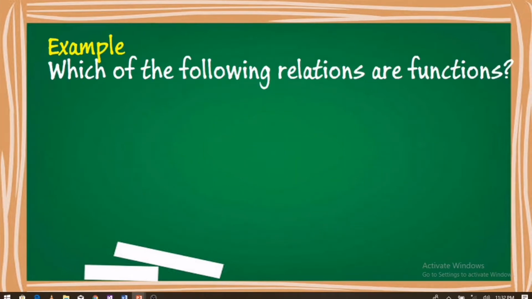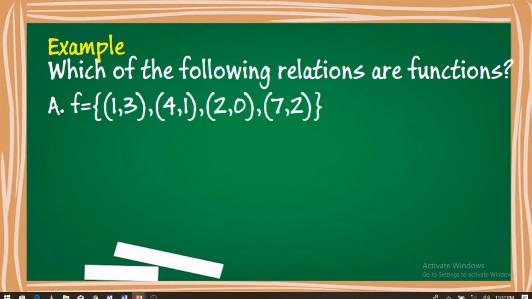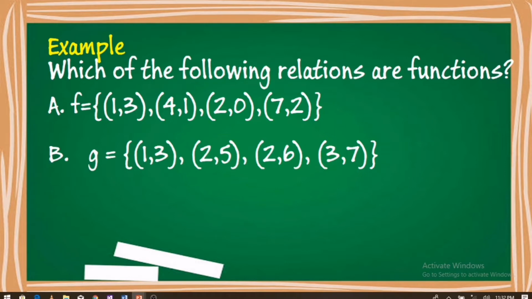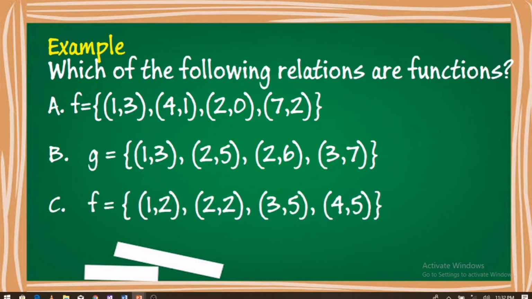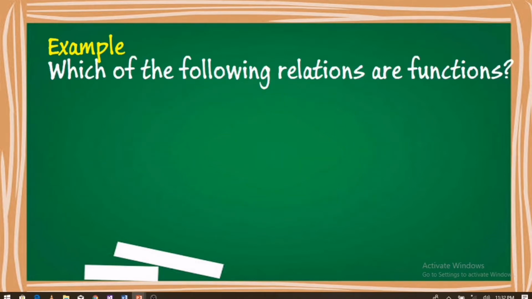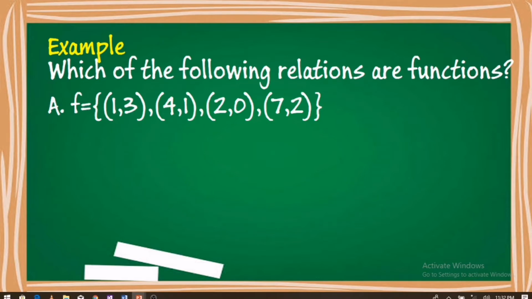For example, which of the following relations are functions? Letter A, letter B, letter C. Let's start with letter A. F equal to the set of ordered pairs containing (1, 3), (4, 1), (2, 0), (7, 2).